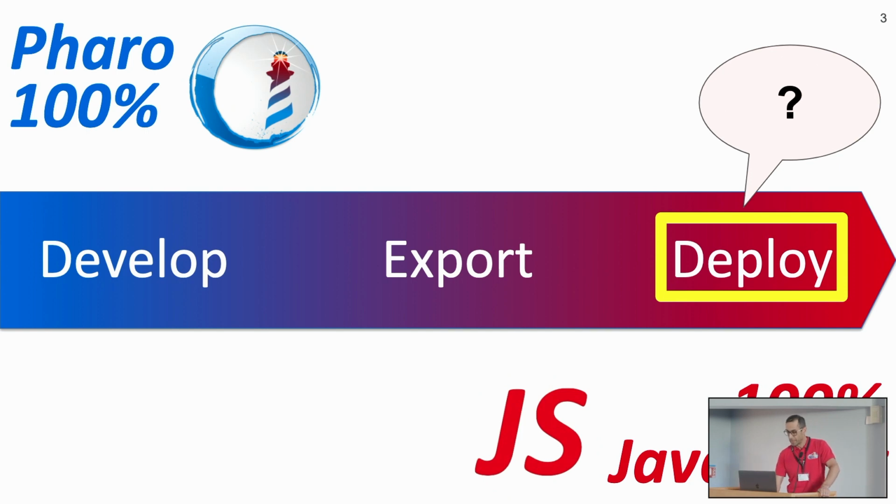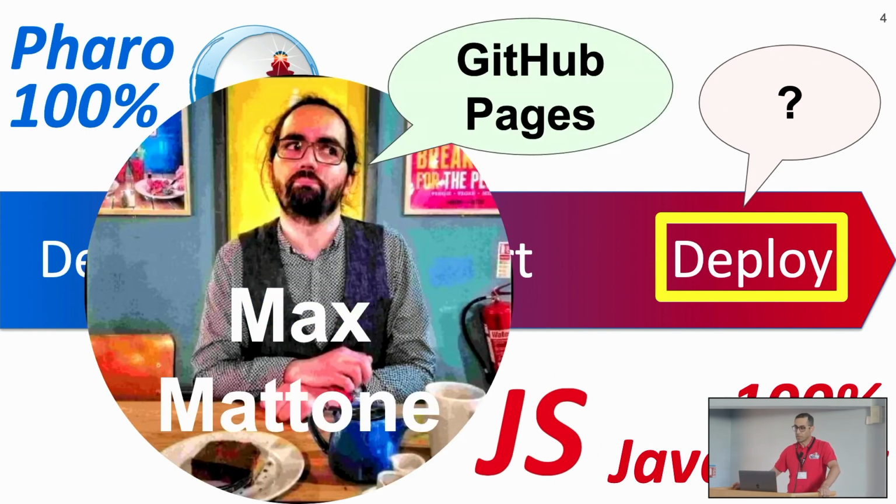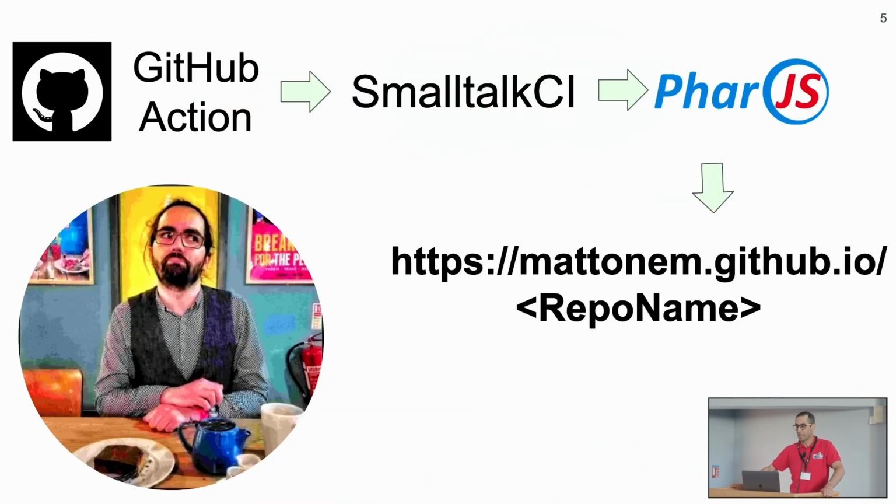His idea was, why not use GitHub Pages? So he started with GitHub Action plus Smalltalk CI plus Pharo.js, and whenever you commit your Pharo.js project to GitHub, the CI works and generates the GitHub page in the right repository.